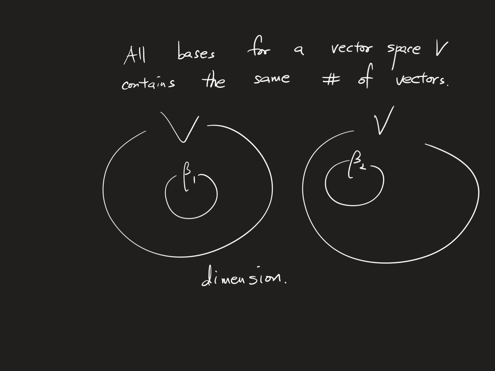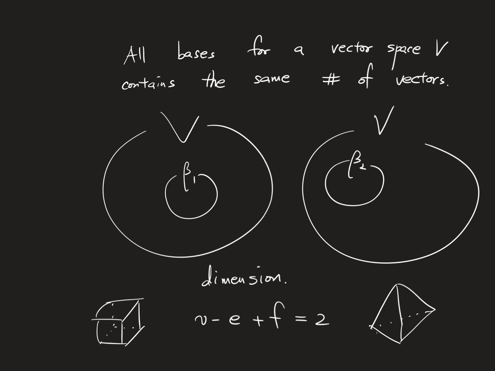For example, you remember when you have a cube or any 3D polyhedron, you know the Euler number: number of vertices minus number of edges plus number of faces will be 2, for any shape like a pyramid.